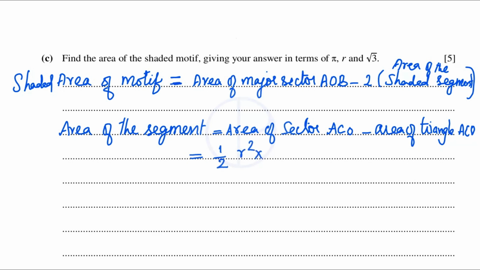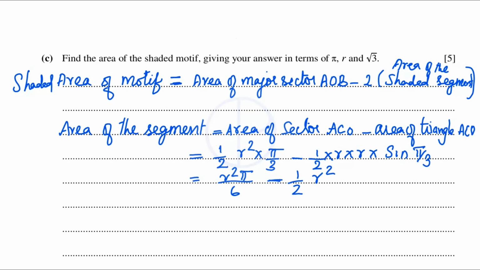So r squared pi over 3 minus the area of the triangle ACO, which is half multiplied by r multiplied by r multiplied by sine pi over 3. This is equal to r squared pi divided by 6 minus 1 over 2 r squared sine pi over 3.